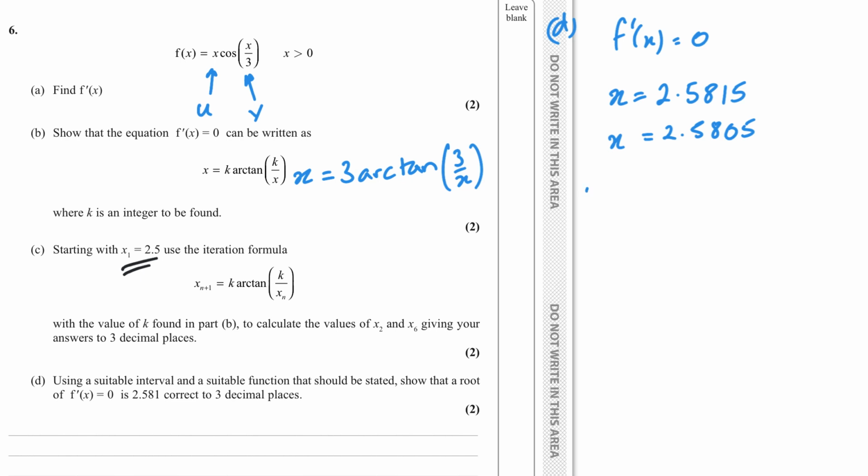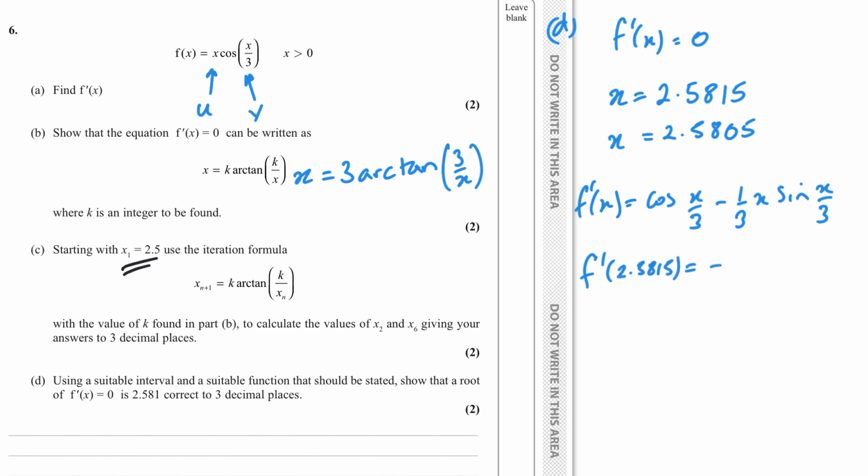Now remember my answer to part A, which was cos x over 3 minus 1/3 x sine x over 3. So that's what I'm doing, and I'm just going to substitute both of these x values into this equation.